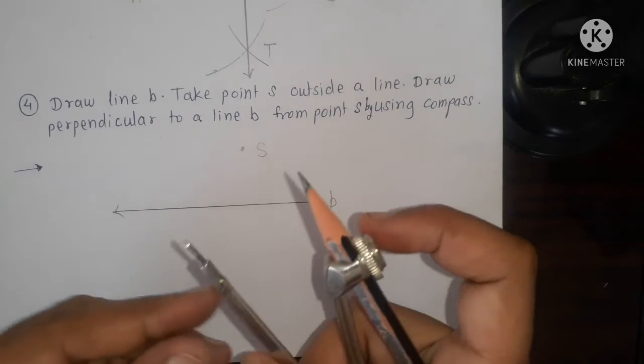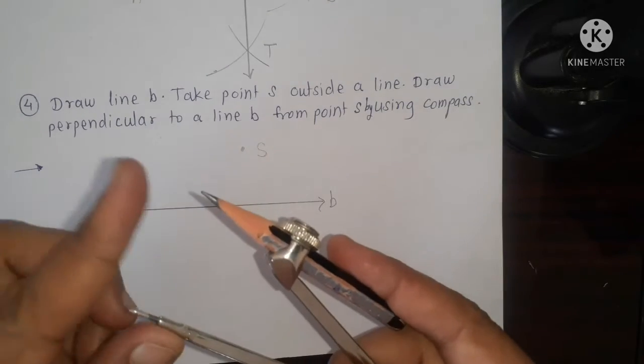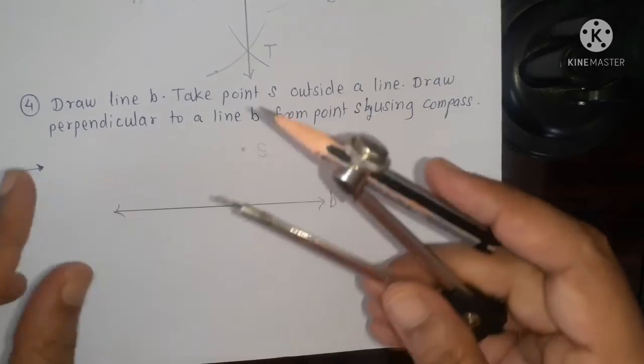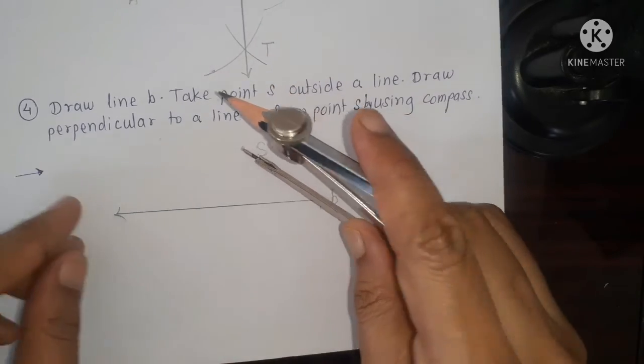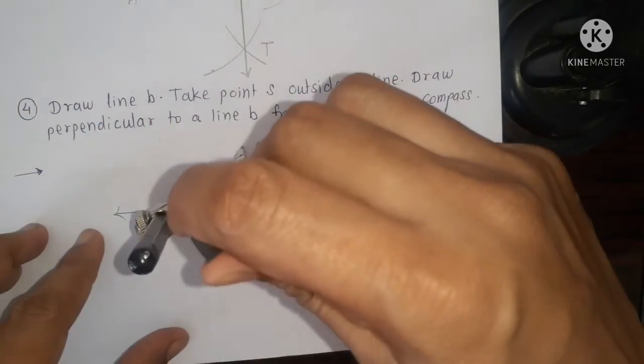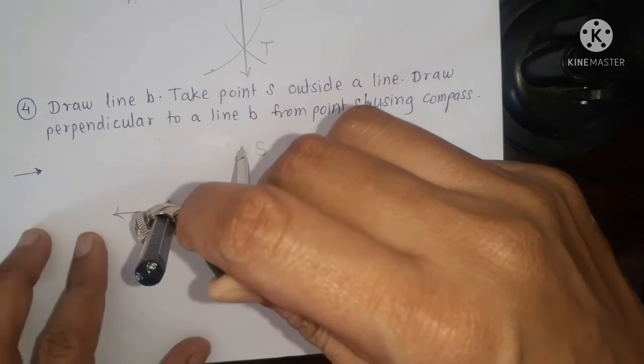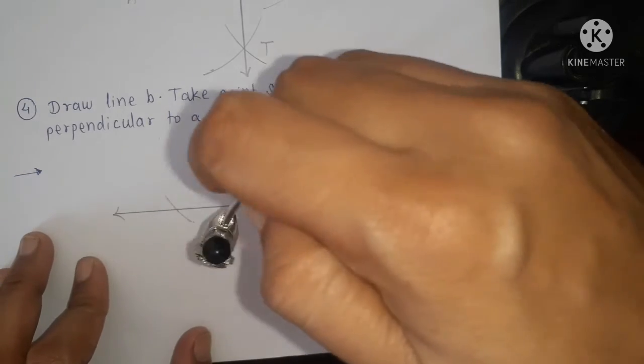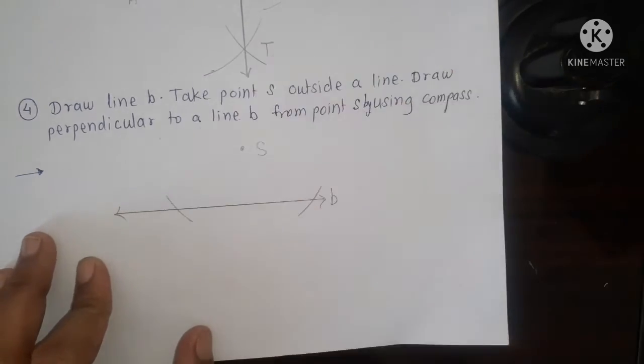Take a convenient distance between the 2 points of the compass, place the metal point on S and draw an arc which can cut the line B at 2 points.